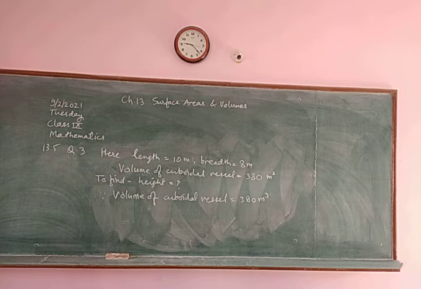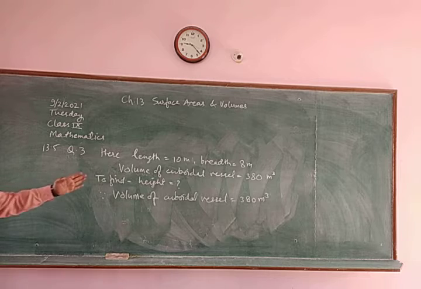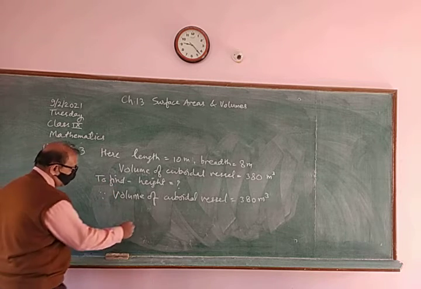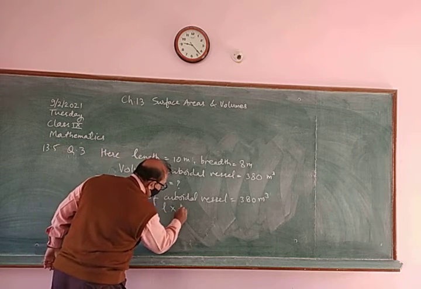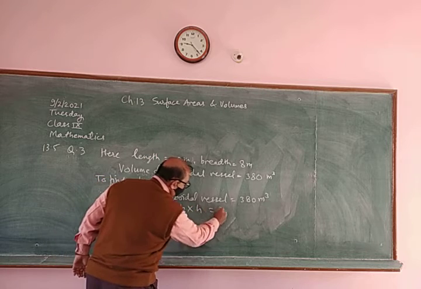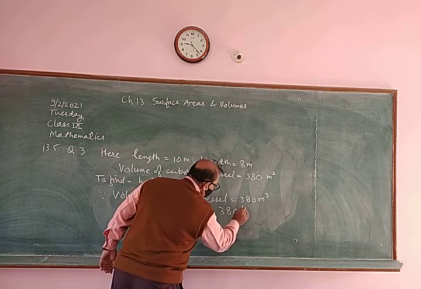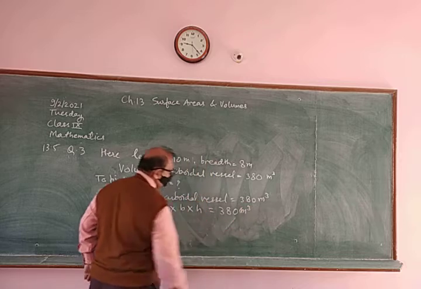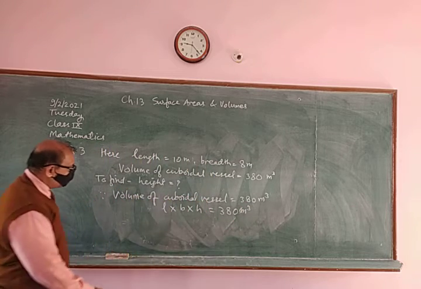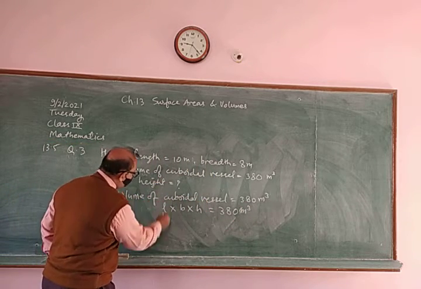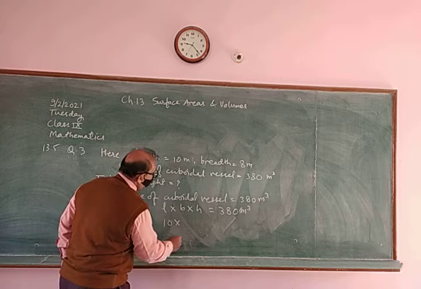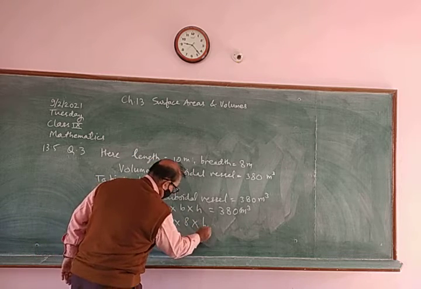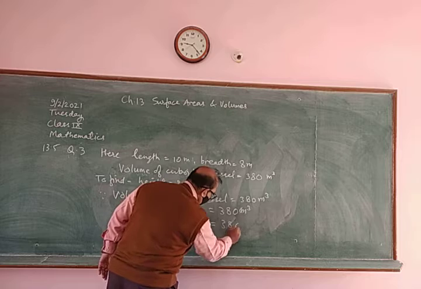Volume is length into breadth into height, so length into breadth into height is equal to 380 cubic meter. Now length is given, breadth is given.